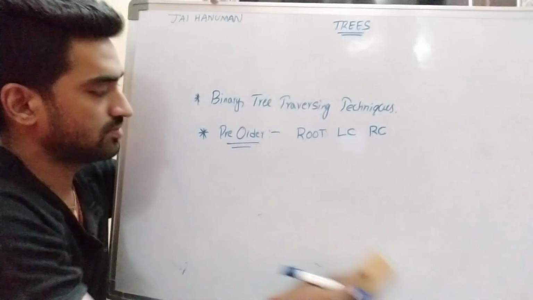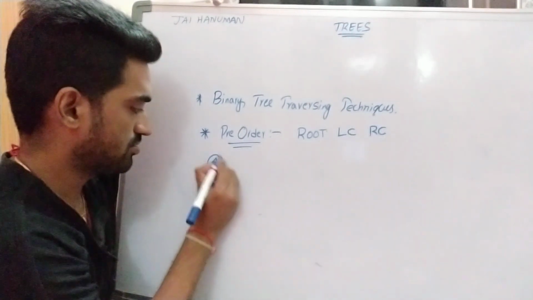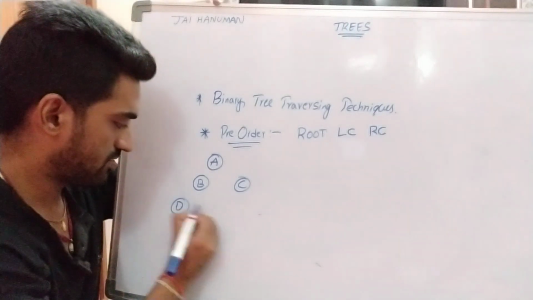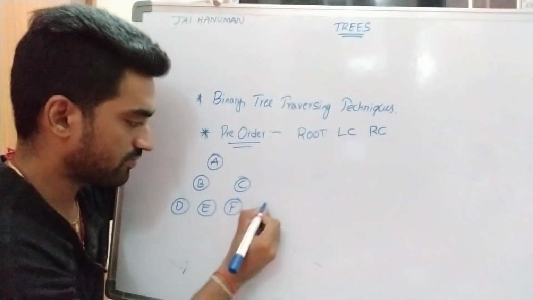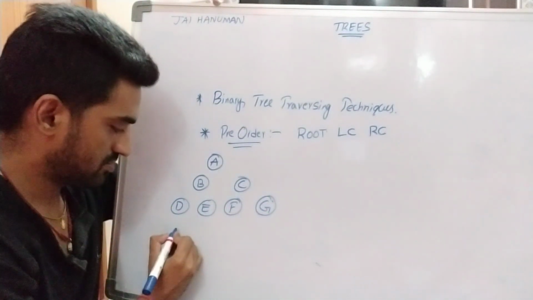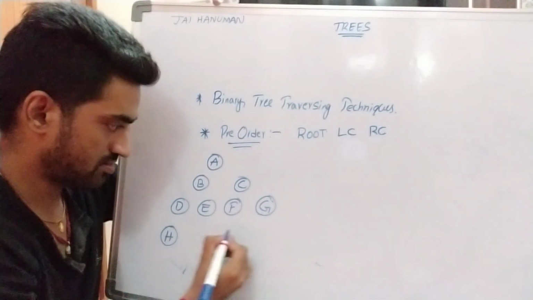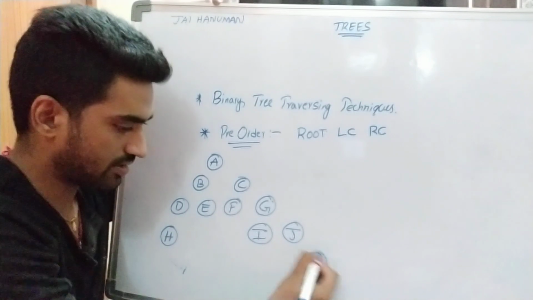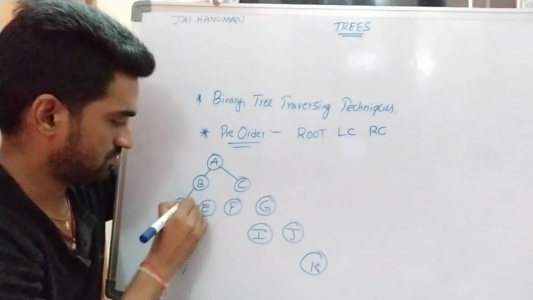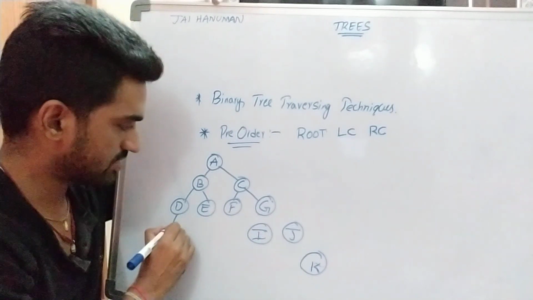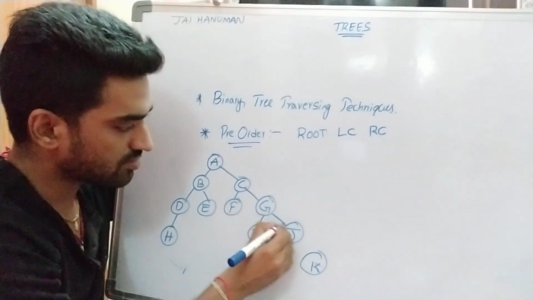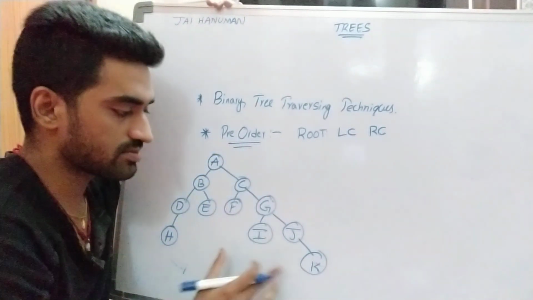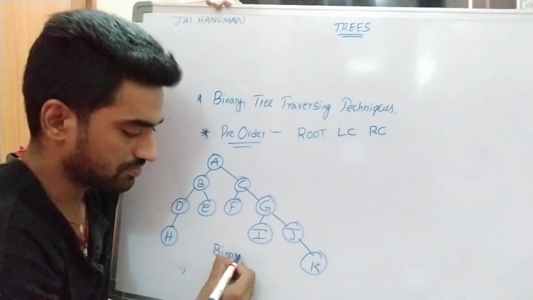Here I am taking A, B, C, D, E, F, G, H, I, J, K. In this example, there are several subtrees for the root node, right? So what is the pre-order traversal for this binary tree?